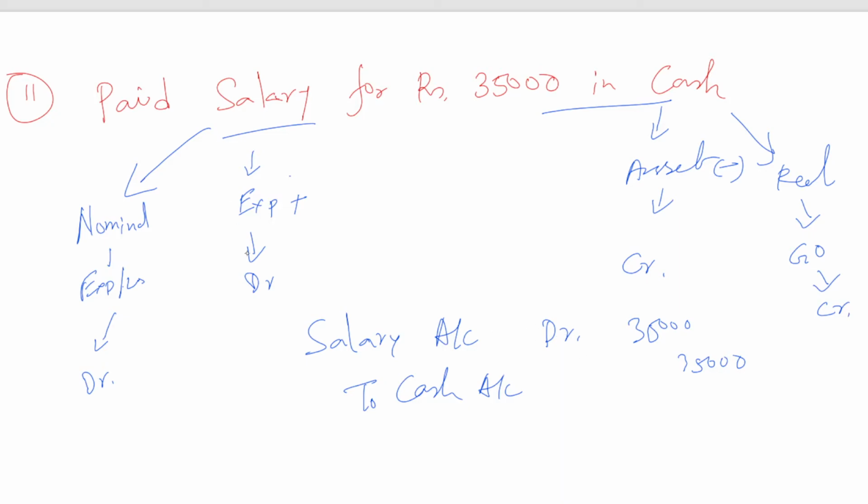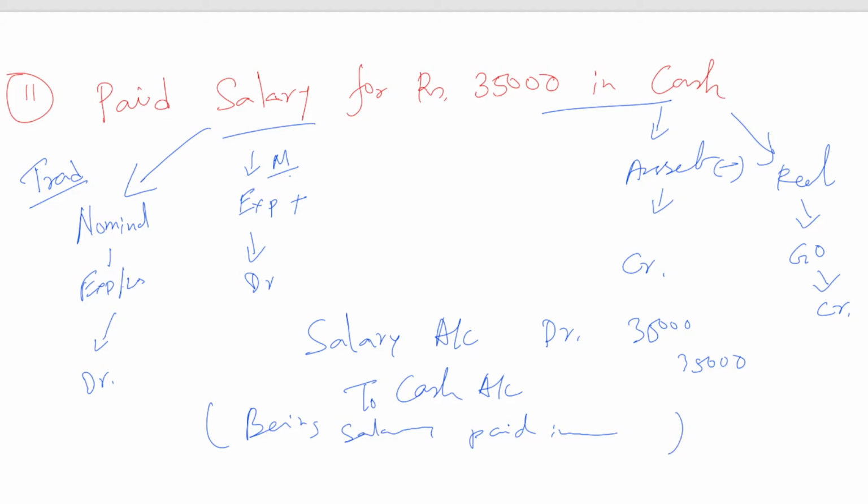So in both ways, traditional or modern, the answer is the same. It is just the process; any method you find convenient you can use, but the result will be the same. Being salary paid in cash.